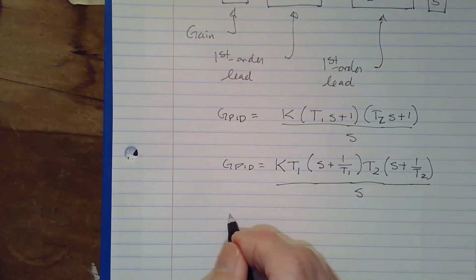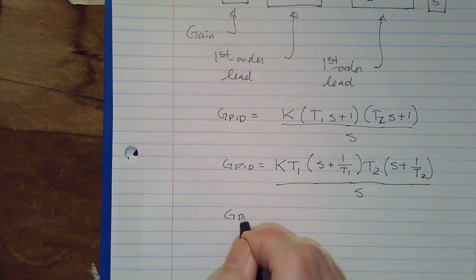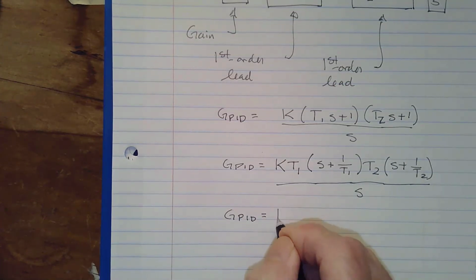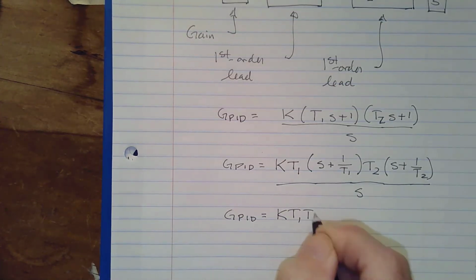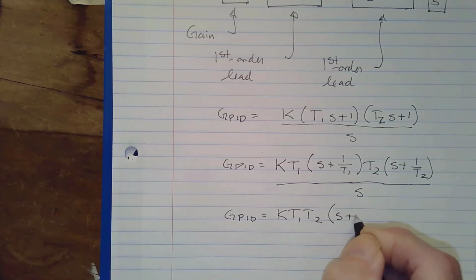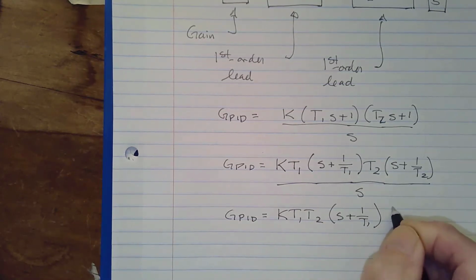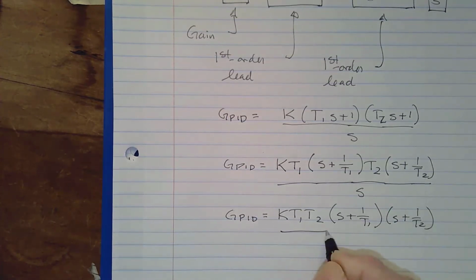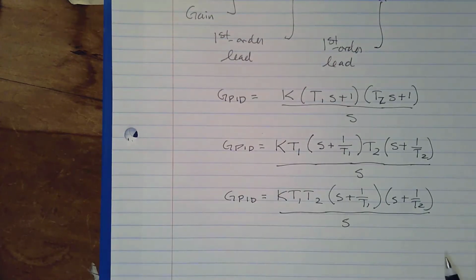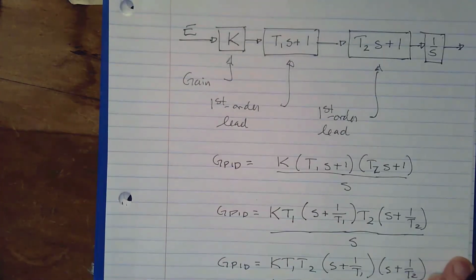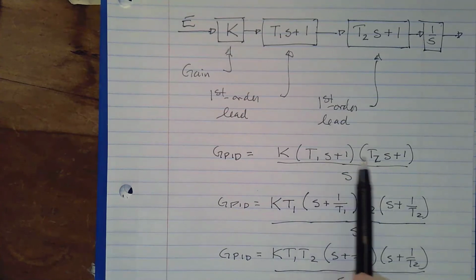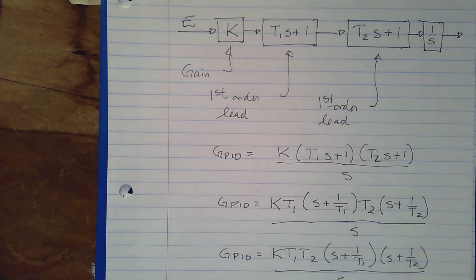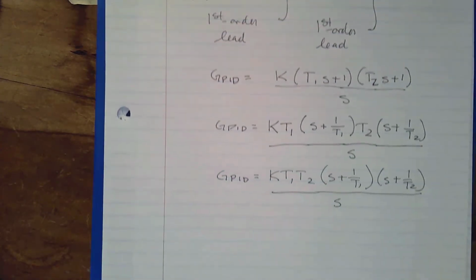Or, continuing on with this, G_PID, let me just gather our terms here: K T1 T2 times (S plus 1 over T1) times (S plus 1 over T2), and then the whole thing over S. So the other way you can look at this, here we have it as a gain times two first order leads over an integrator, a pole at the origin.